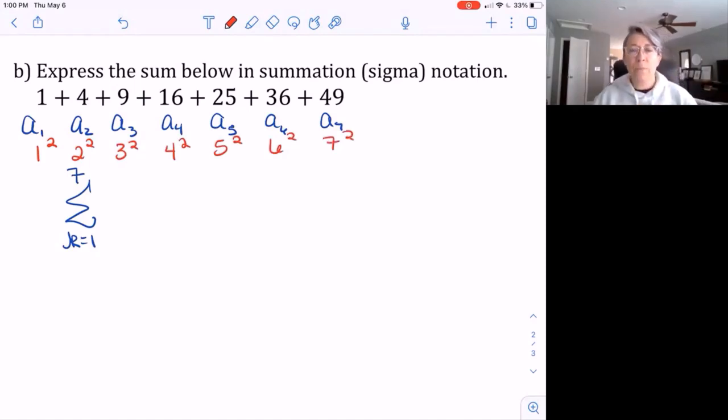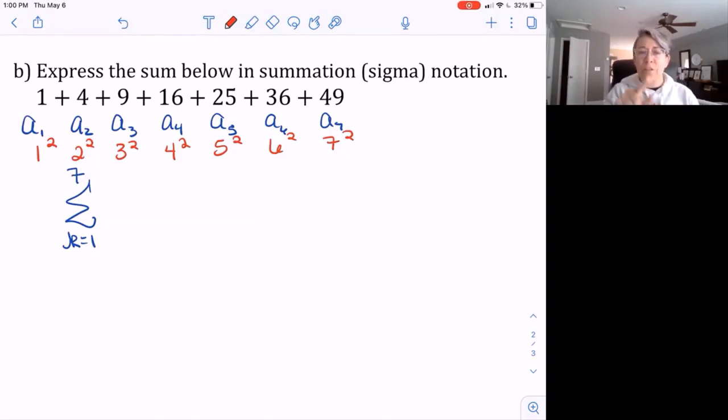If you don't see a pattern as far as arithmetic or geometric, look to see if there's a relationship with the n. Your first term has a relationship with the number 1, your second term with the number 2, the third term with 3. So in all of those, it's the term number squared.